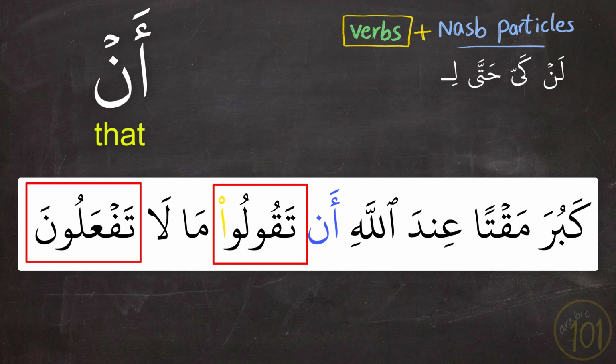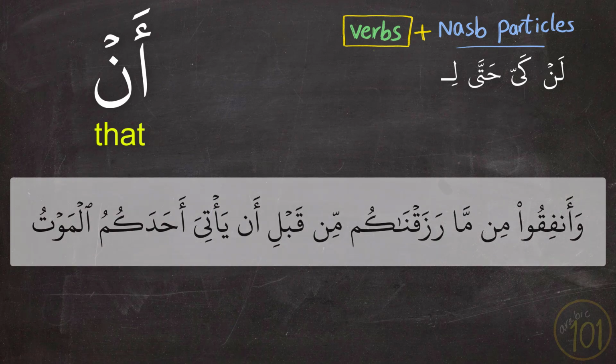The one that was preceded by a nasb particle has lost its noon. So, تقولوا is used instead of تقولون. But the other verb at the end of the ayah has noon normally because it is a present verb that is in the plural form. One more example.